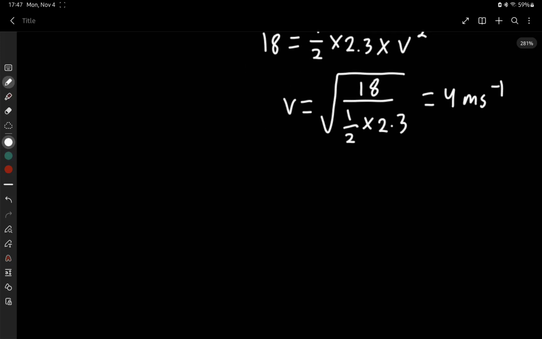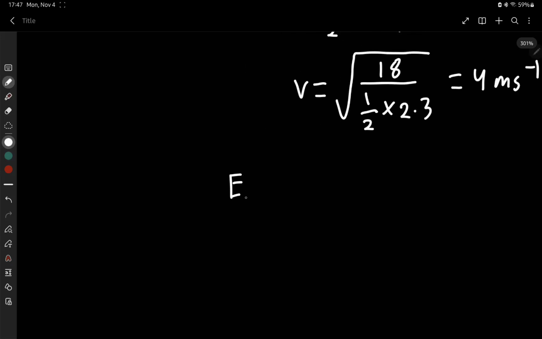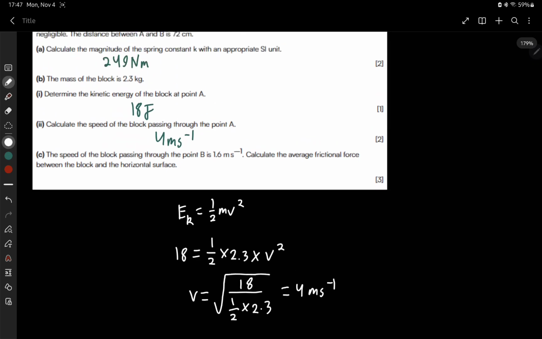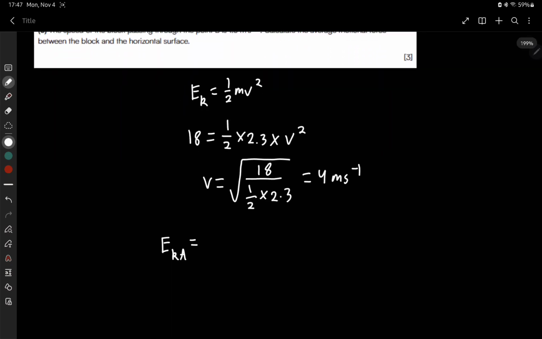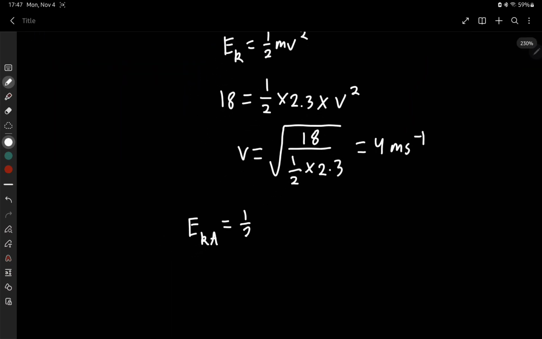So at point A, we can just sub in the values that we have. So it's half mass times velocity squared, which is 4 squared, and so that's around 18.4 joules.